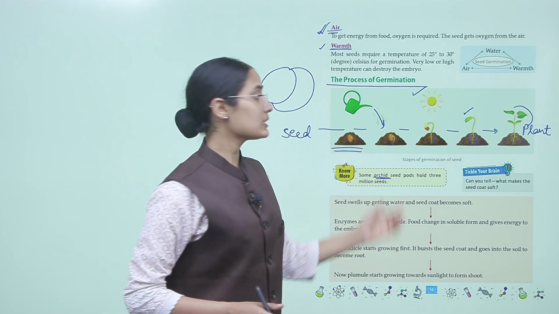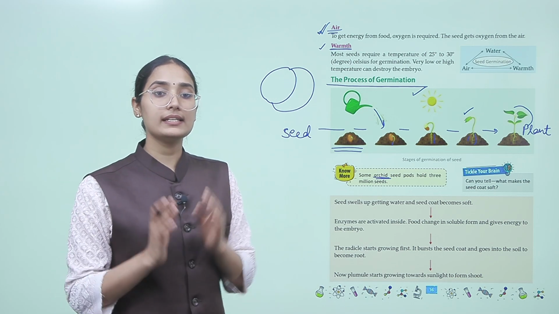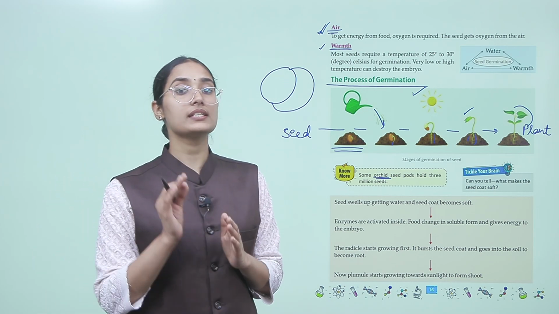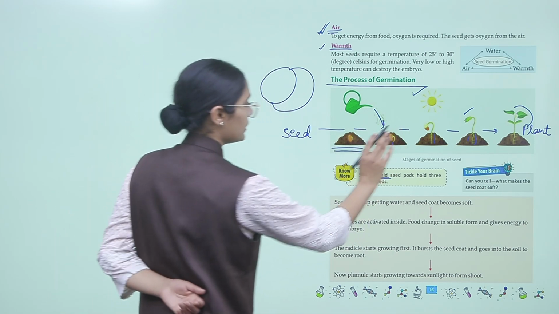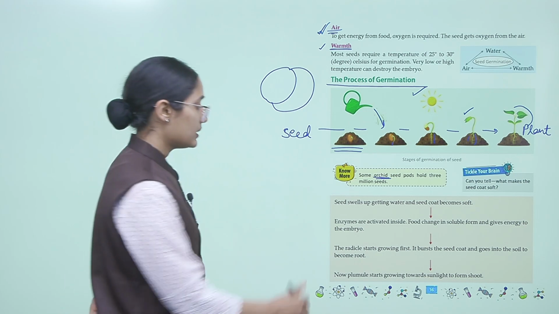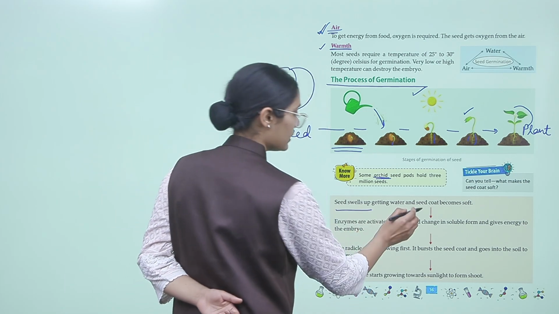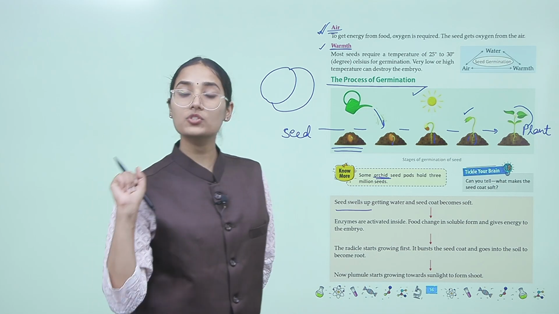Now let's understand this process step by step. What happens? Firstly, the seed swells up, getting water, and the seed coat becomes soft. It becomes soft.